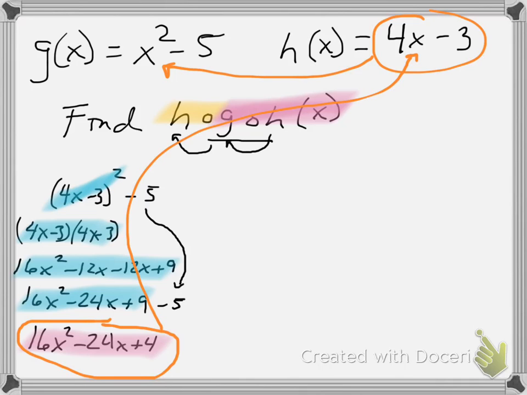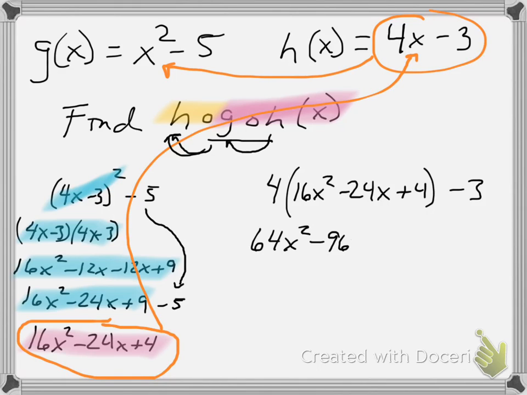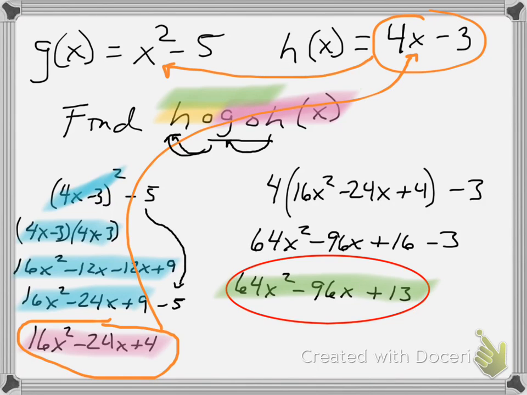Okay, so if I plug that into h, I get 4 orange circle minus 3. So instead of writing 4x minus 3, I write 4 pink highlighted area minus 3. Distribute my 4. Combine my constants. So my answer should be 64x squared minus 96x plus 13.